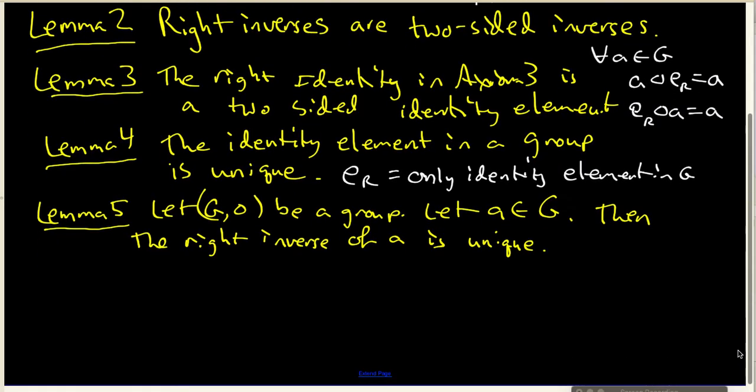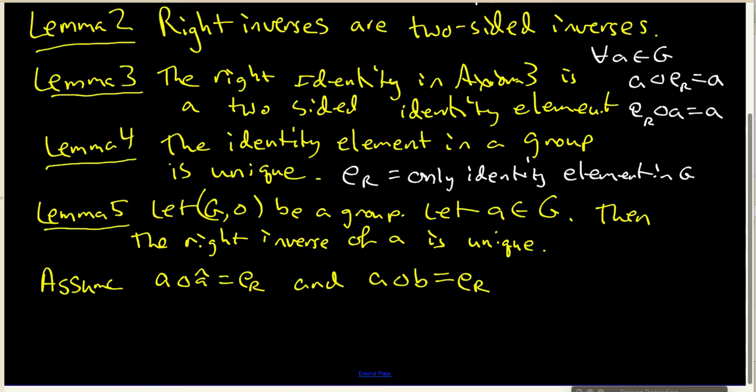Saying that the right inverse of A is unique means that A only has one inverse element, because we already know that every right inverse of A is going to be a left inverse of A. So to show this, we're going to assume that A triangled with A hat is equal to ER, and we're also going to assume that A triangled with B is equal to ER, and we need to show that A hat and B are one and the same element.